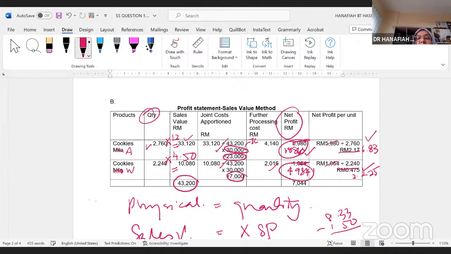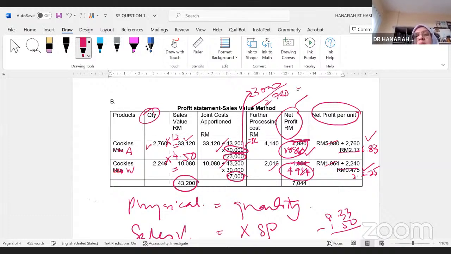Okay, why I need to calculate this? Because the question asked me to the net profit, total net profit. All right, if that is not required in the question, then I can straight away calculate the net profit per unit. Based on this 23,000, I can straight away divide into 2760 unit.